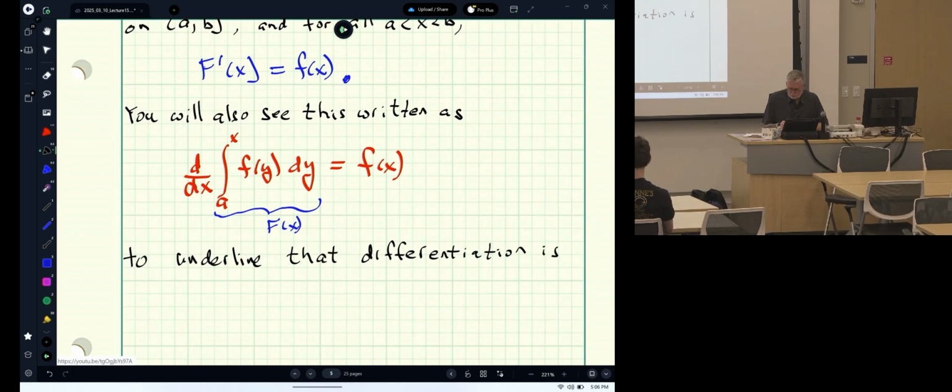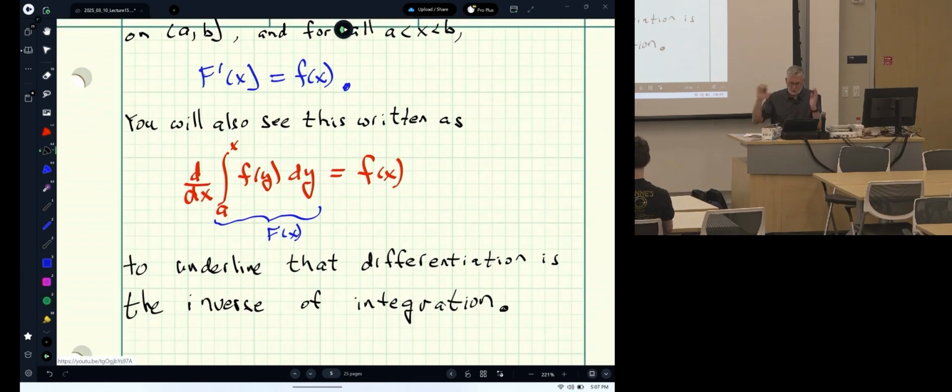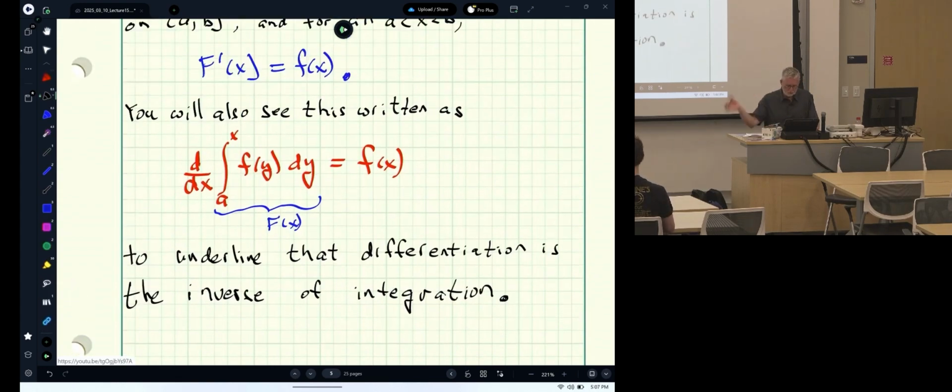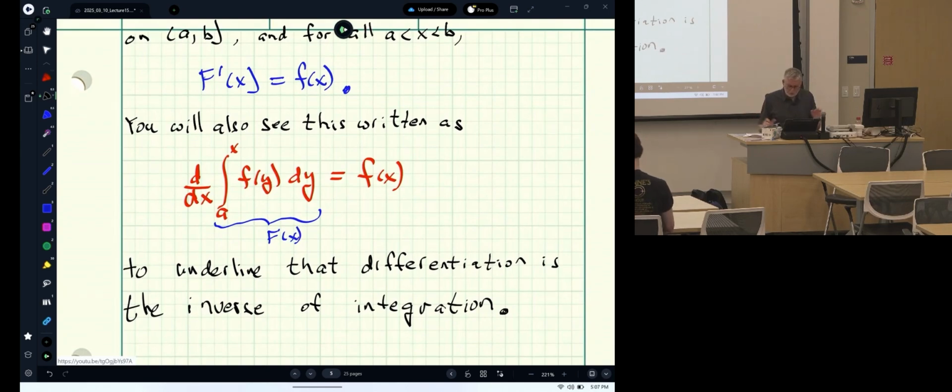Differentiation is the inverse of integration. Okay, area, slope, they're related by one being the inverse of the other. You undo integration by differentiation. Cool? Pretty cool.